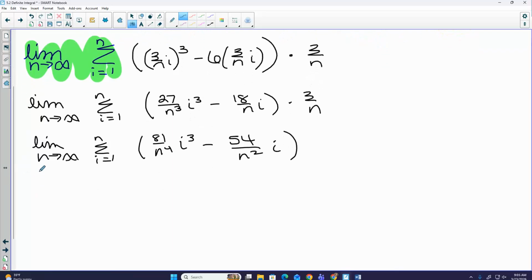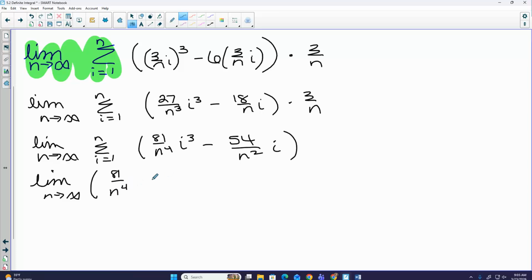What comes next? We add up those i's, and when we do that, the summation drops. So 81 over n to the fourth.